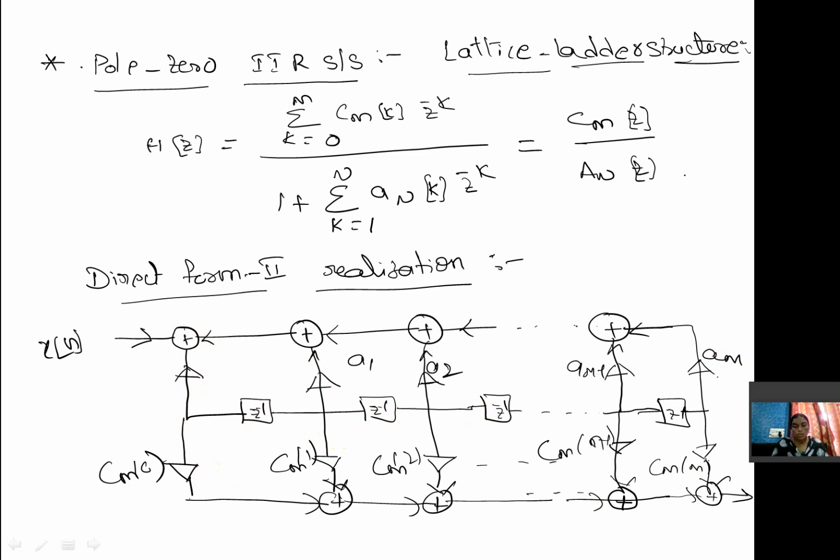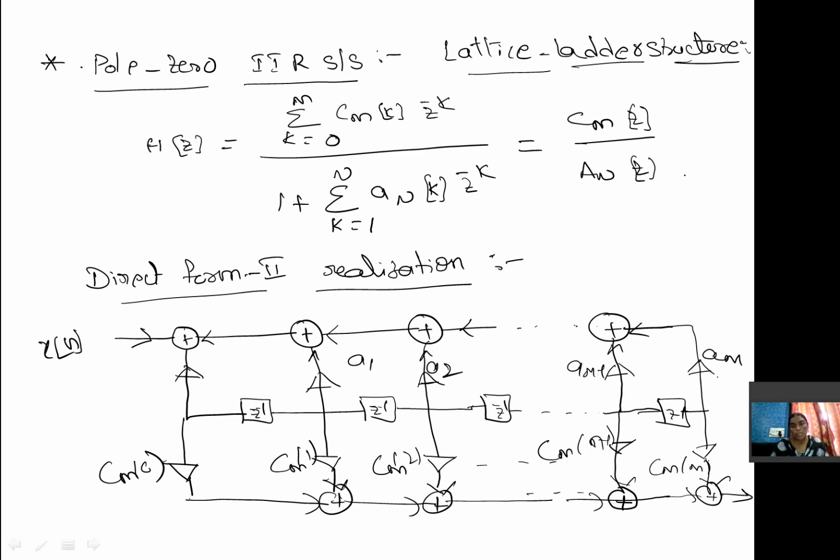But now, how can you realize this type of pole zero IIR system in the lattice form? Already done is the all pole IIR system, and also the all zero FIR system. Now the pole zero IIR system is a combination of this direct form 2 and the all pole system lattice form.